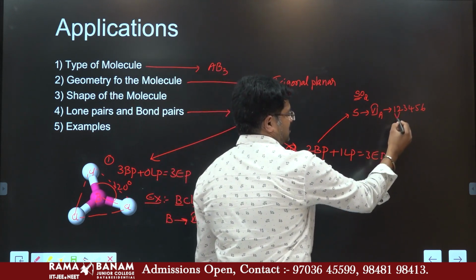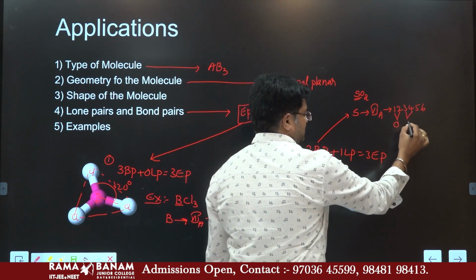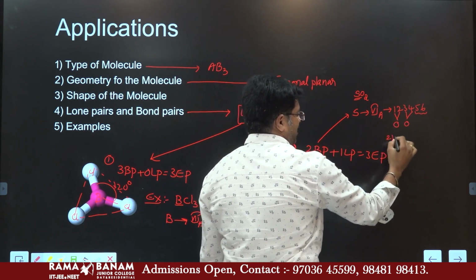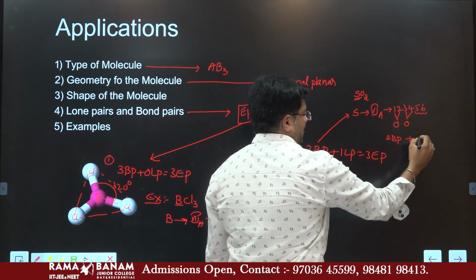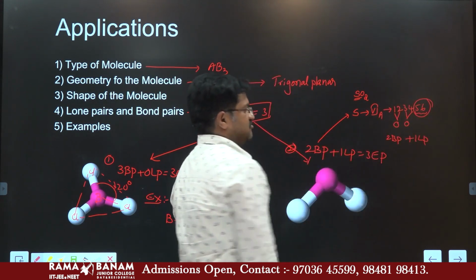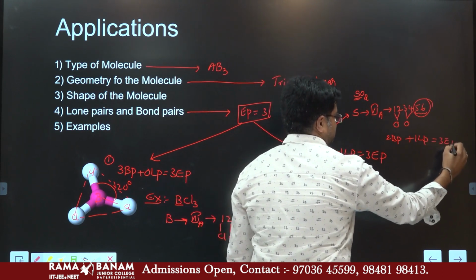So the first 2 electrons of sulfur form a double bond with one oxygen, and a second double bond with the second oxygen. This is a lone pair. So how many bond pairs here? 2 bond pairs and 1 lone pair. Total electron pairs, 3.